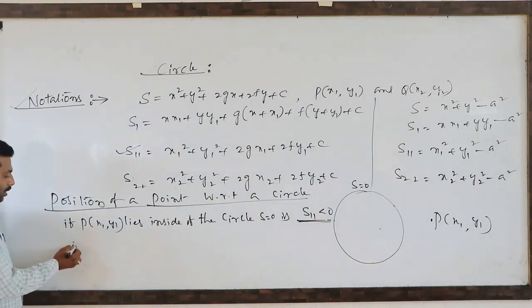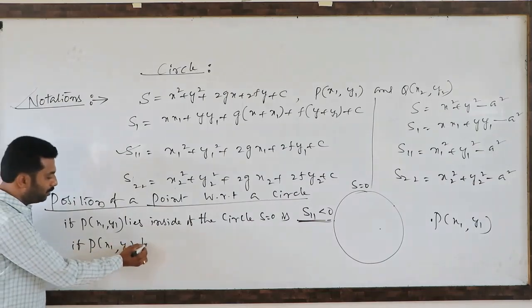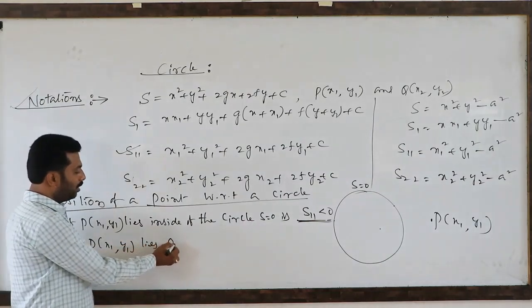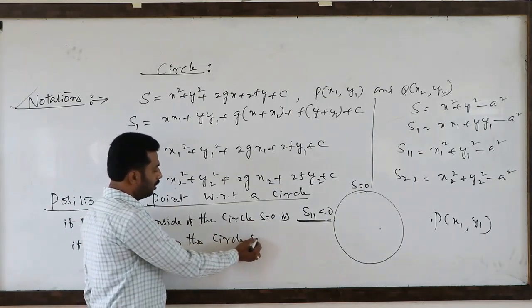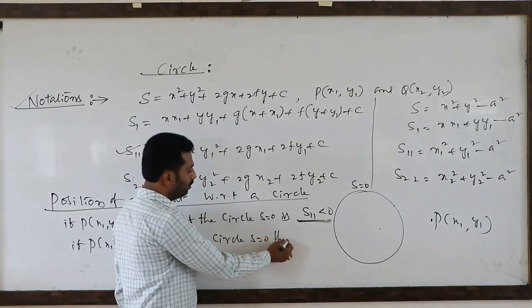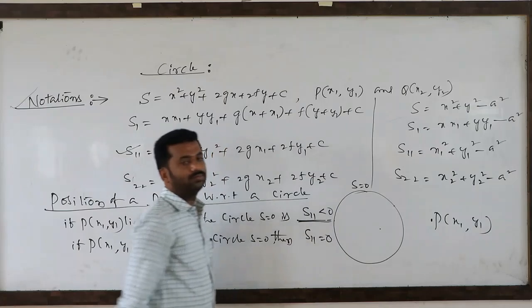Next, suppose the point P of x1 comma y1 lies on the circle S equal to 0, then S11 must be 0.